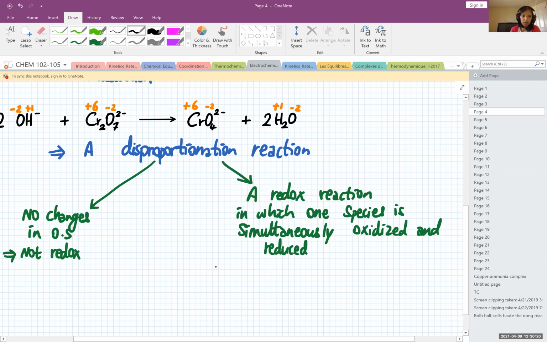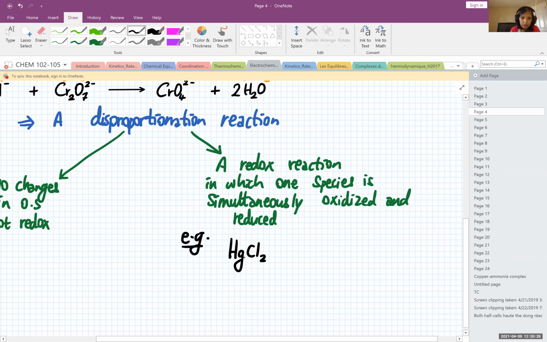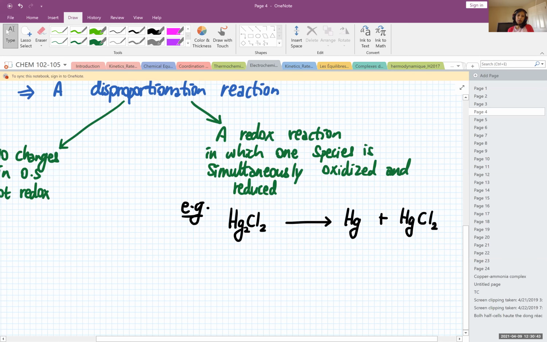So here, we take this mercury chloride. This is a 2 here. Okay, so Hg2Cl2, forming mercury and mercury 2 chloride. So that's mercury 1 chloride giving mercury and mercury 2 chloride.